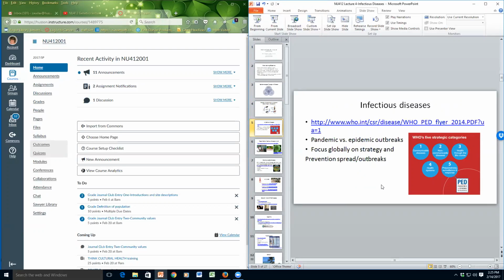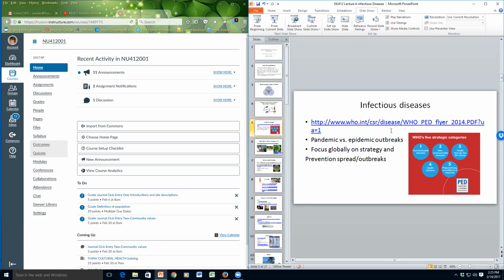Infectious disease is probably one of the most significant public health issues of our time. When you think of MRSA, for example, or some of the other antibiotic-resistant bacteria that are invading our healthcare systems, it doesn't take us long to realize how important management of these diseases is.